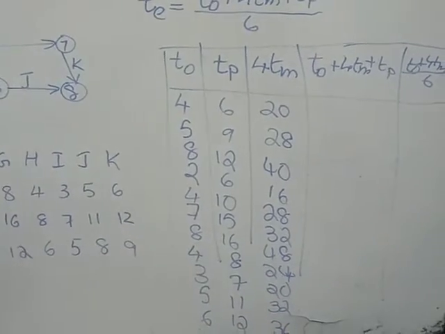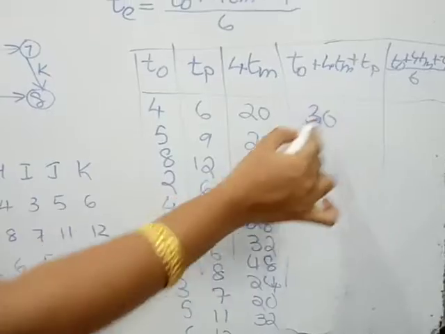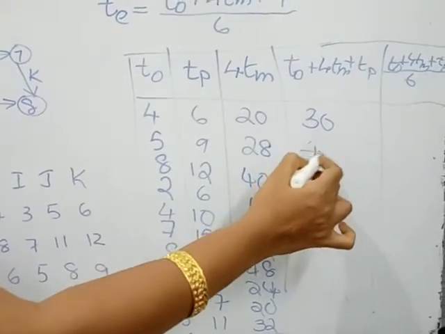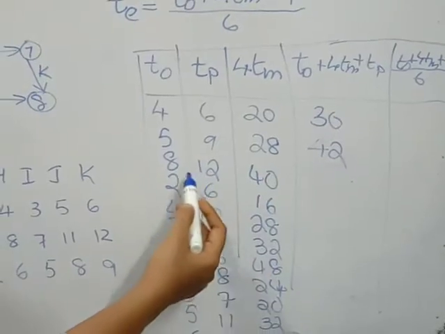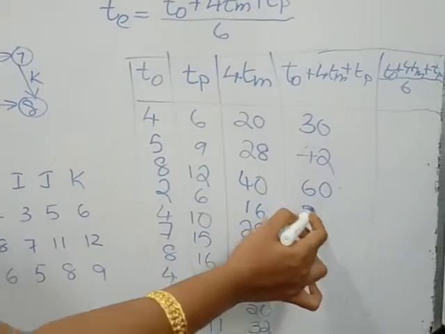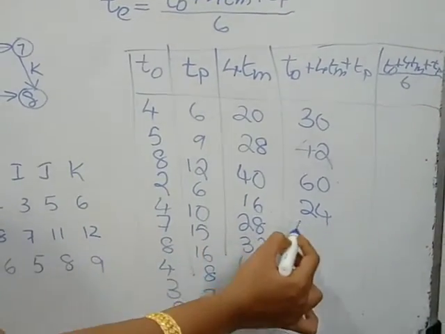You can add all these three values. It is 20 plus 10, 30. 28 plus 14, how much? It is 42. 40 plus 20, it is 60. 16 plus 8, 24. 28 plus 10, 38 plus 4, 42.